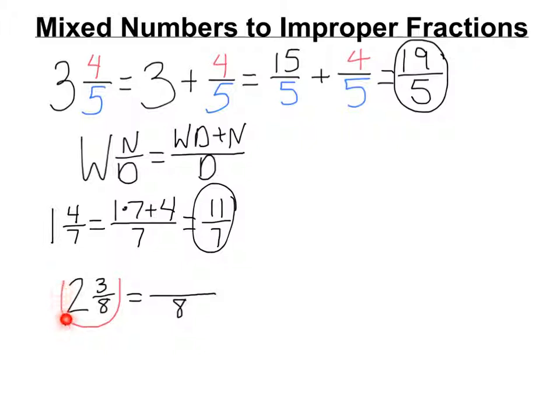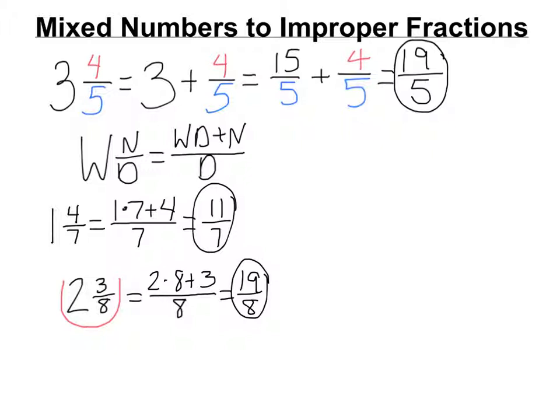Well, if you follow the U, it'll take you right across. 2 times the 8 plus the 3. 2 times 8 is 16, plus 3 is 19. So 2 and 3/8 is 19/8.